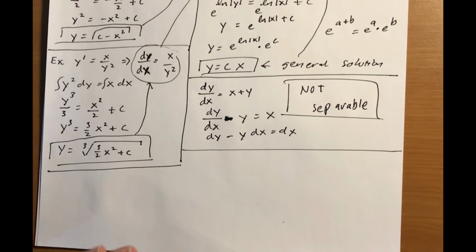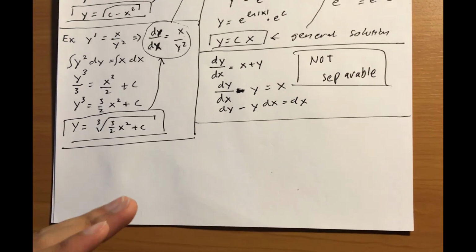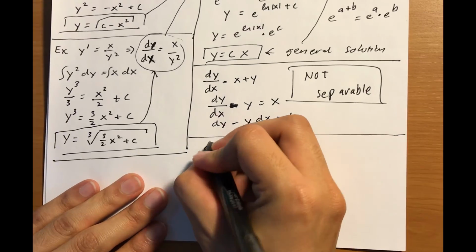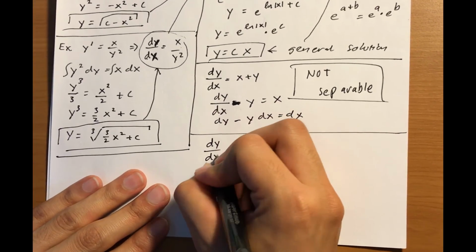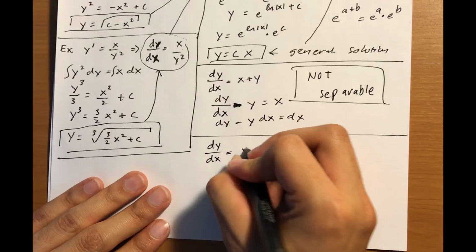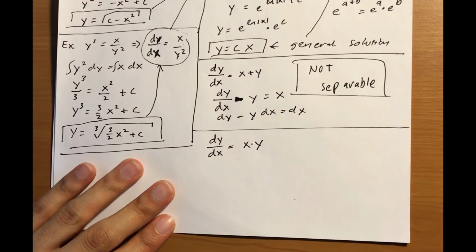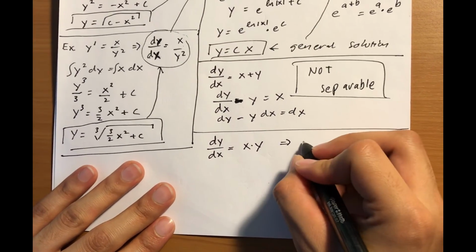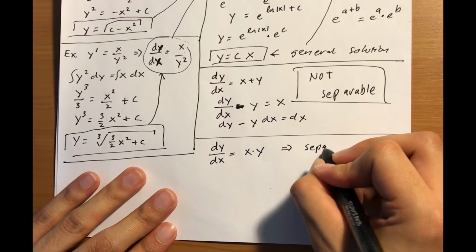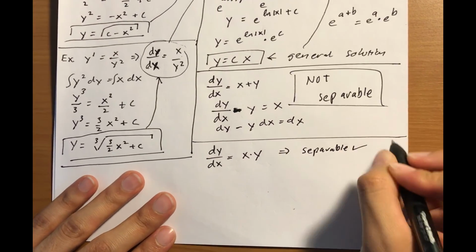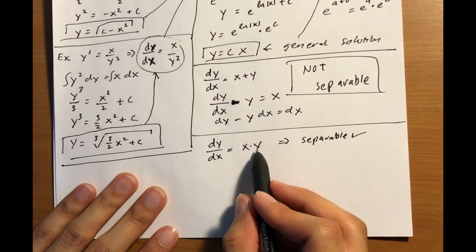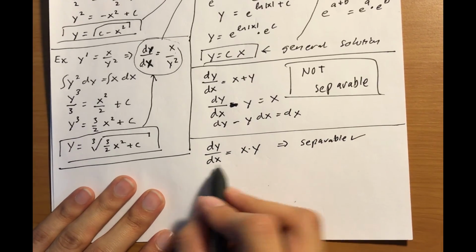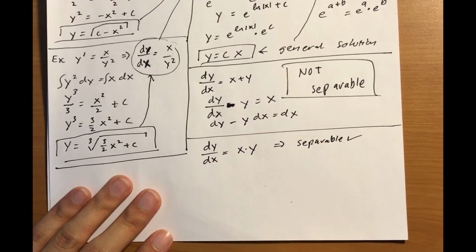So another thing that looks very similar but actually is separable would be an example like this, x times y. So this right here is separable. What we do here is divide by y to the other side and multiply dx to the side where the x is.